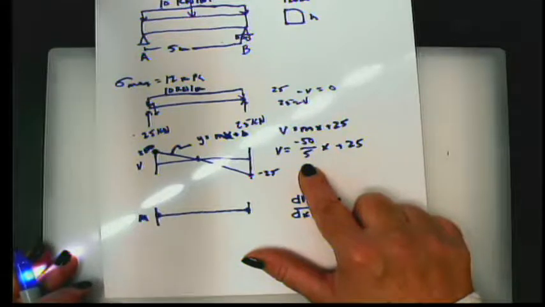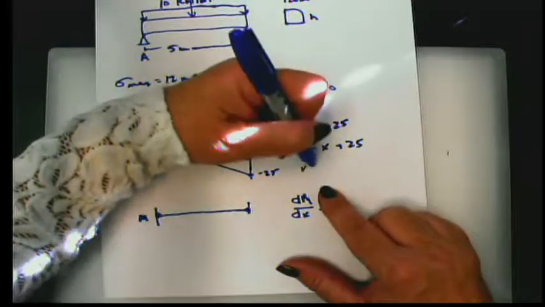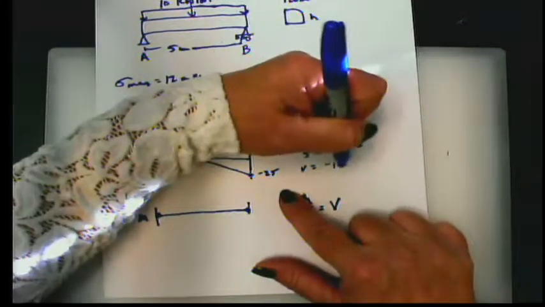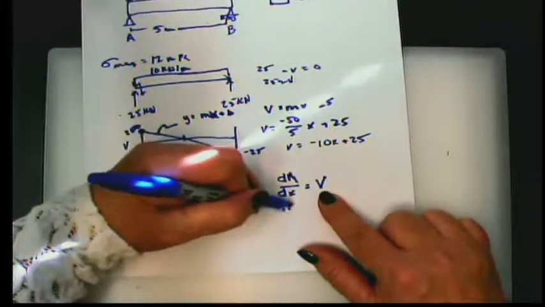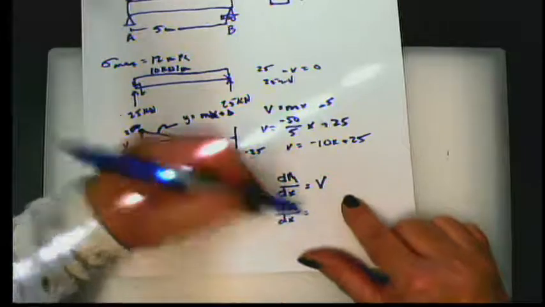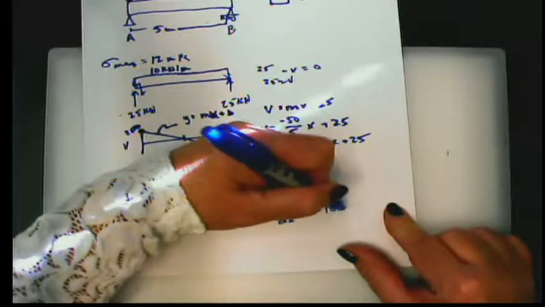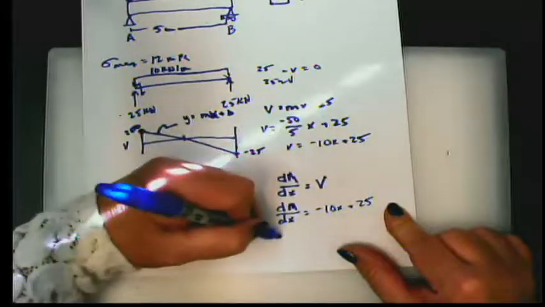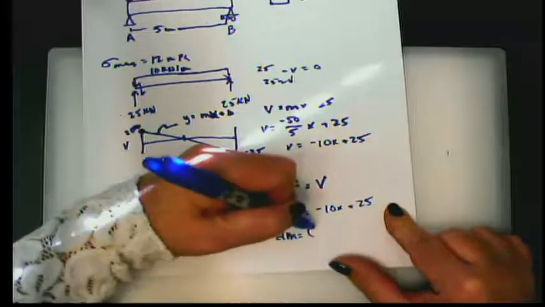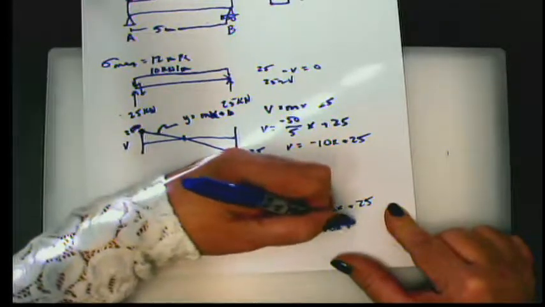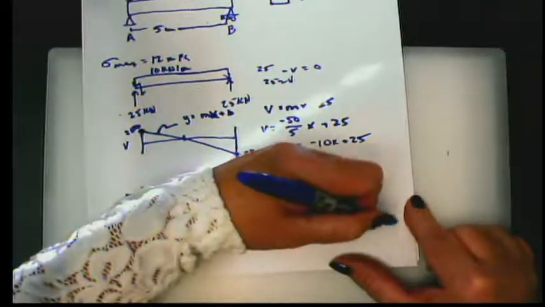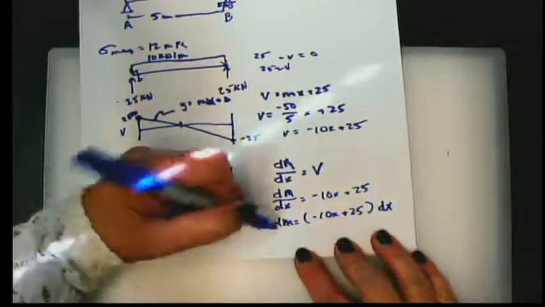So our V equation looks like that, right? Just because this is a straight line. So V is equal to negative 10x plus 25. So dM/dx is equal to negative 10x plus 25. dM is equal to negative 10x plus 25 dx. Integral.